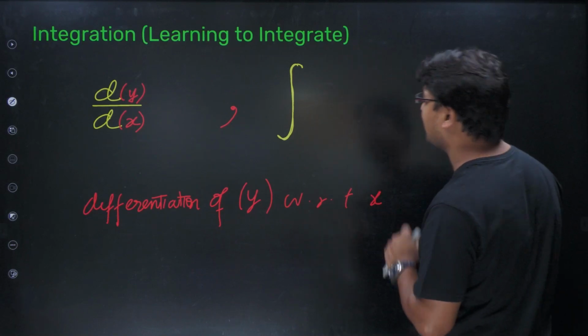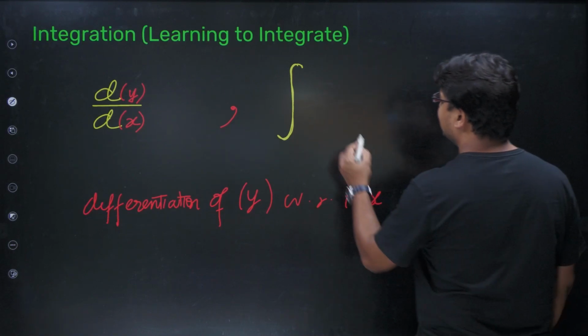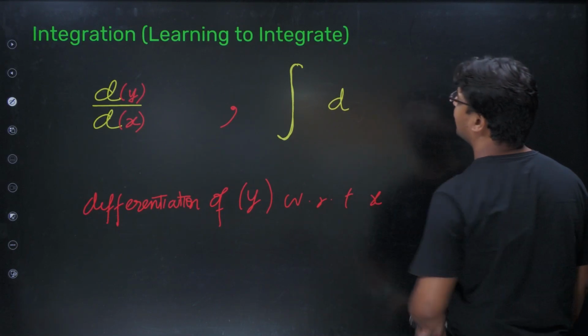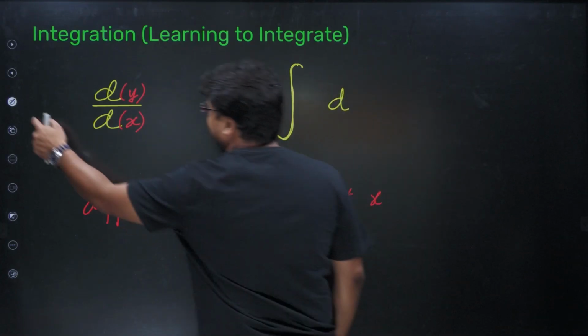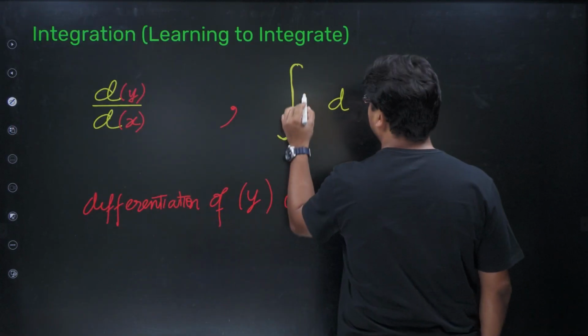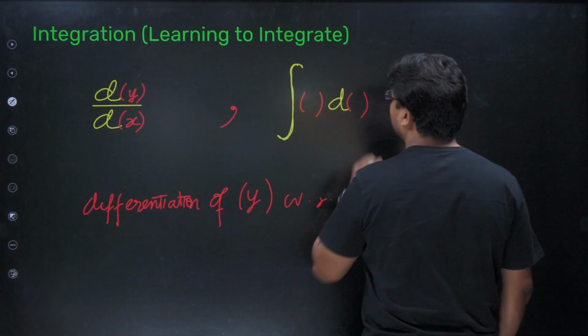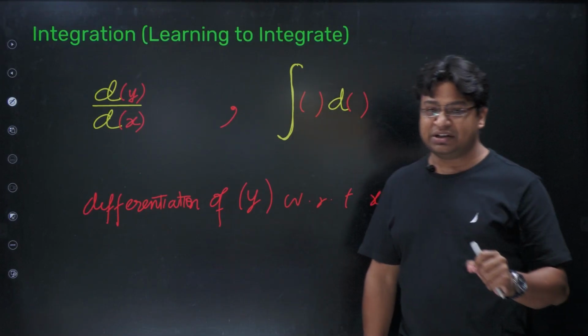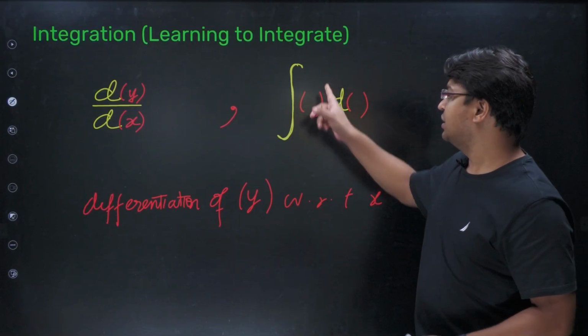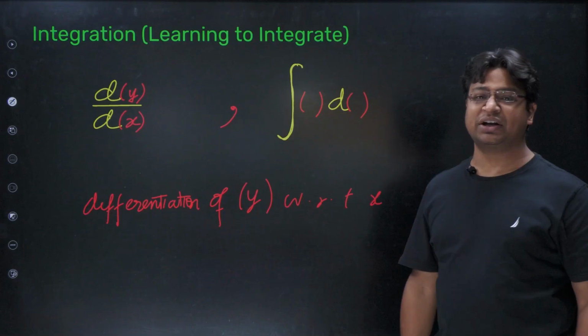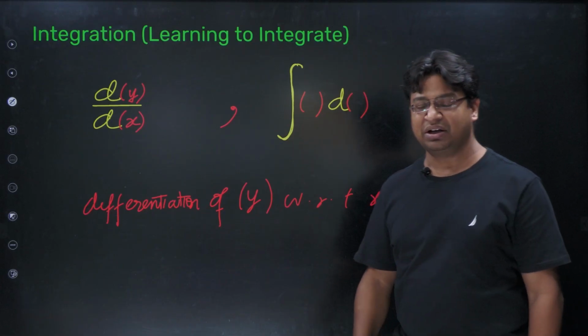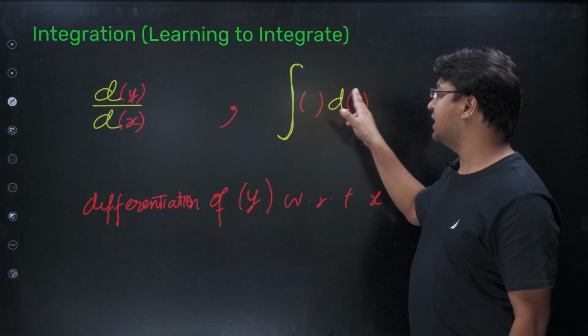This symbol will always be there in integration, and then a d will always be present. And the blank spaces would be here and here. So whenever you see the integration symbol, you will see an elongated f, you will see a d symbol, and then there would be something written here and something written here.